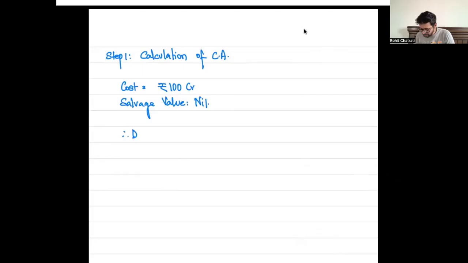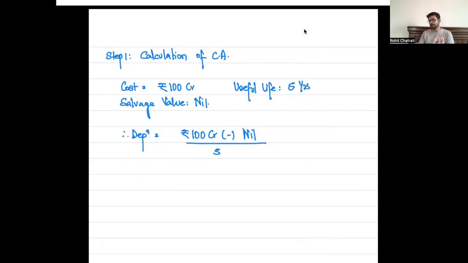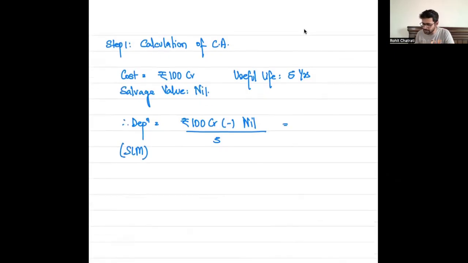Therefore, the depreciation would be rupees 100 crores less nil, cost less salvage value divided by useful life. All right, useful life, the question gave it as 5 years. Right, the depreciation formula as per SLM method is cost less salvage value divided by useful life. So the depreciation would be rupees 20 crore.